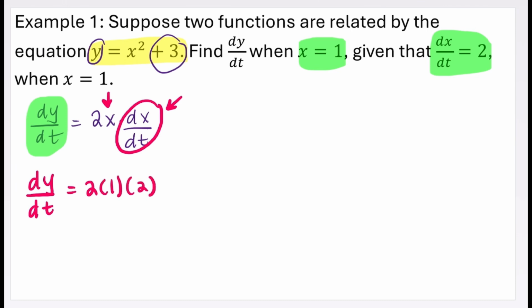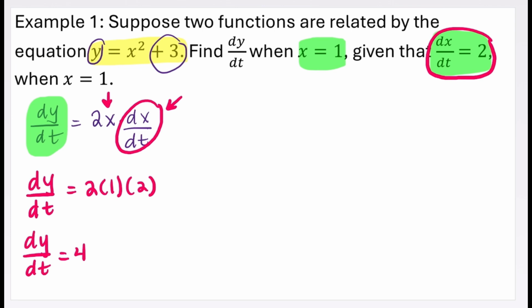So dy/dt is going to be 4. So when x equals 1 and when x is changing at a rate of 2, 2 what per what, we don't know, 2 units per second maybe, then y is changing at a rate of 4. So that's kind of what you found.